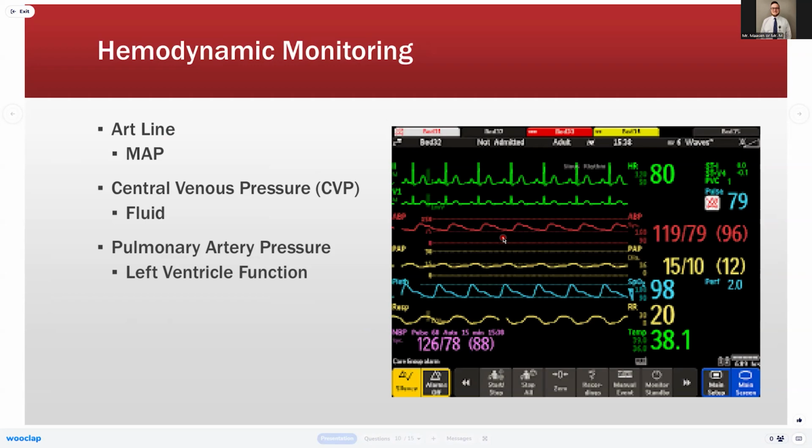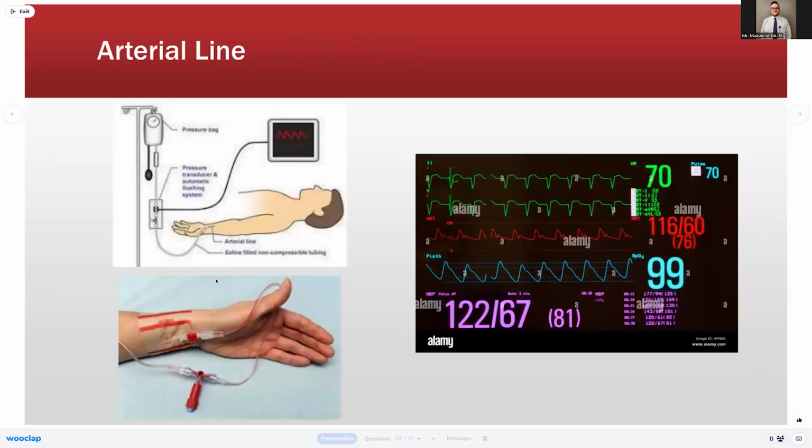A low pressure, like 0 to 2 millimeters, indicates hypovolemia. So dehydration, blood loss, vomiting. Hypovolemia would be a low pressure here. High pressure is like right side heart failure and fluid overload.